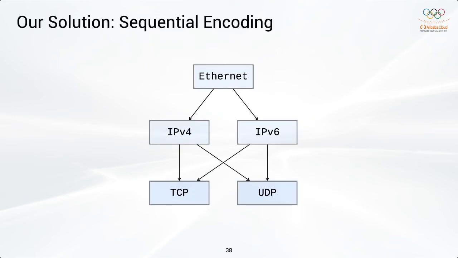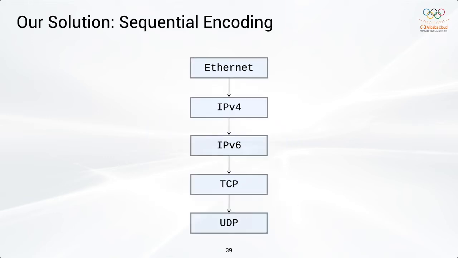To solve this problem, we proposed sequential encoding to reshape the state machine. Let's assume the parser is acyclic, so that each state can only be visited at most once. In addition, for any two states, they are either mutually exclusive or have a fixed order of execution. That means the acyclic parser can be regarded as a sequence of states.